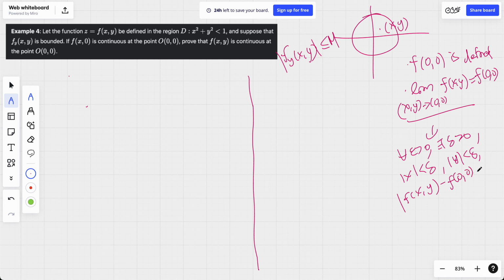So |f(x, y) - f(0, 0)| has to be smaller than epsilon. So we just have to show that this is the case, then this limit exists.